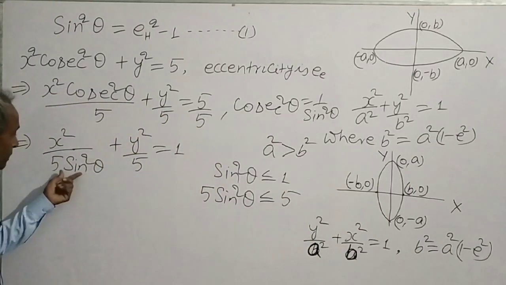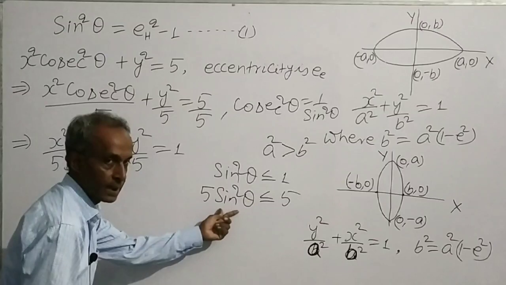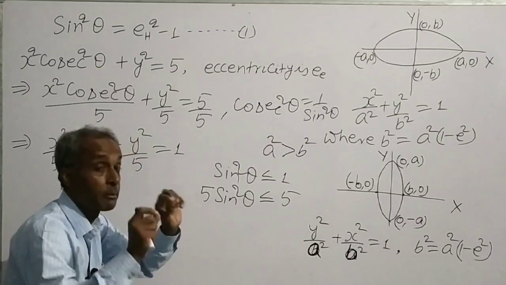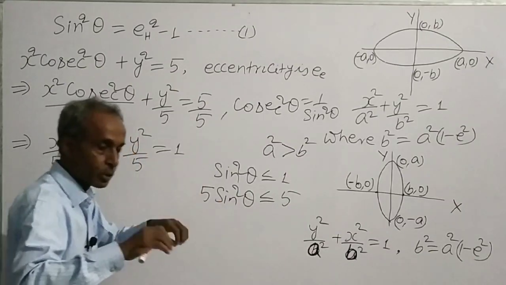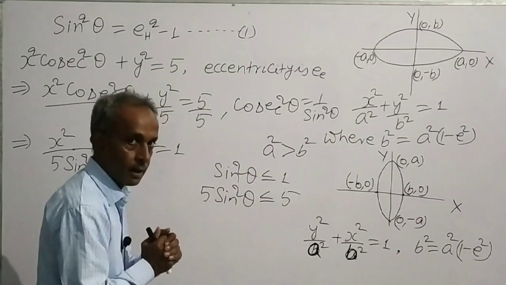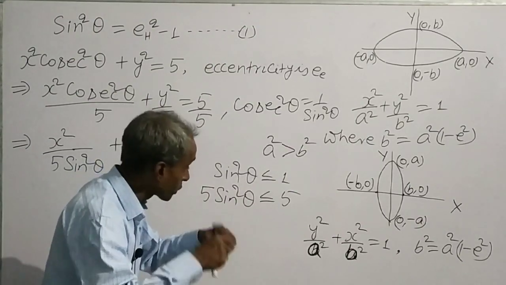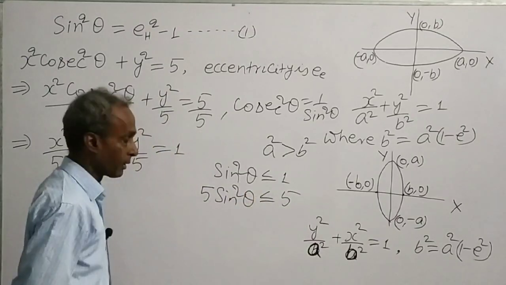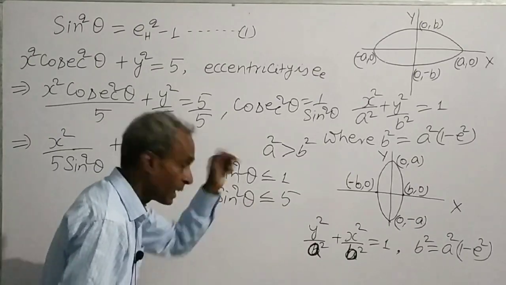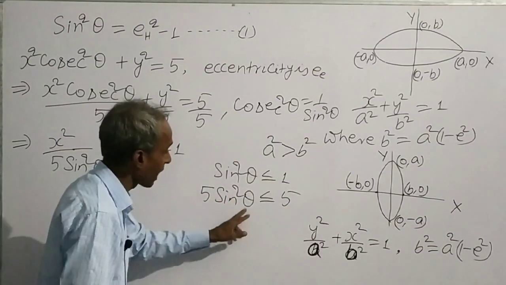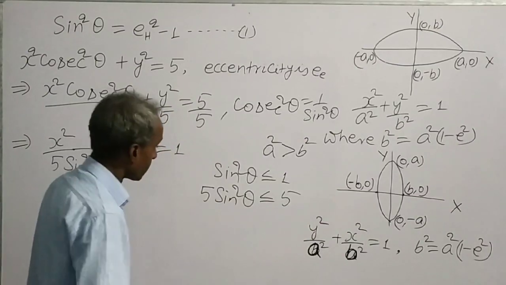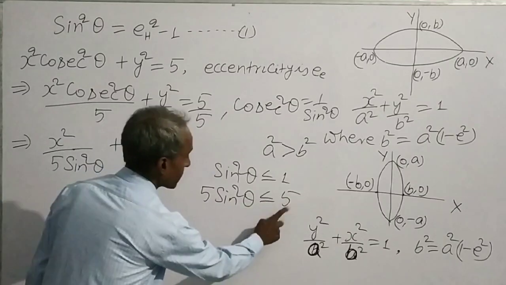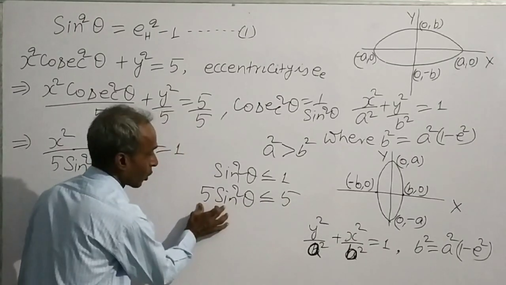So 5 sin square theta can be less than 5 for some value of theta, but 5 can never be less than 5 sin square theta for any value of theta. Therefore, only this can be possible, that this is greater and this is smaller.